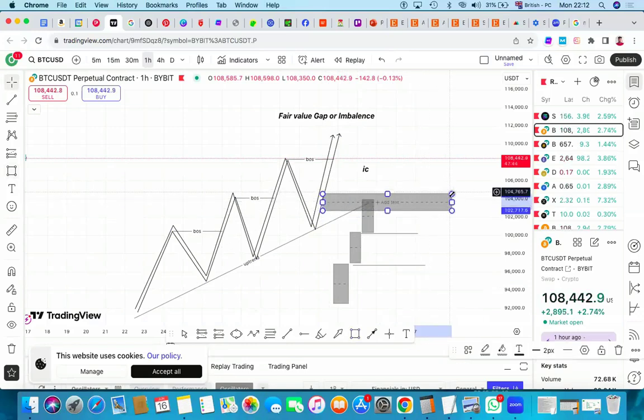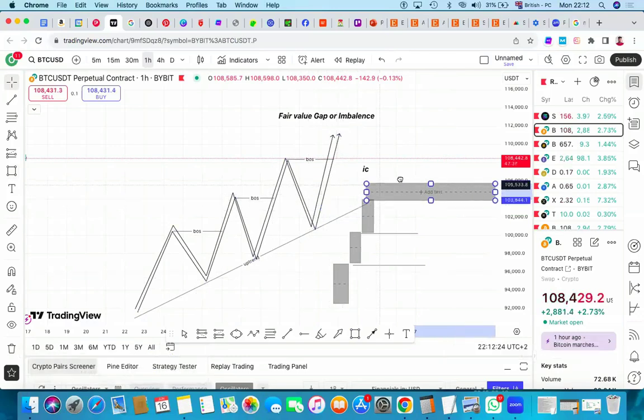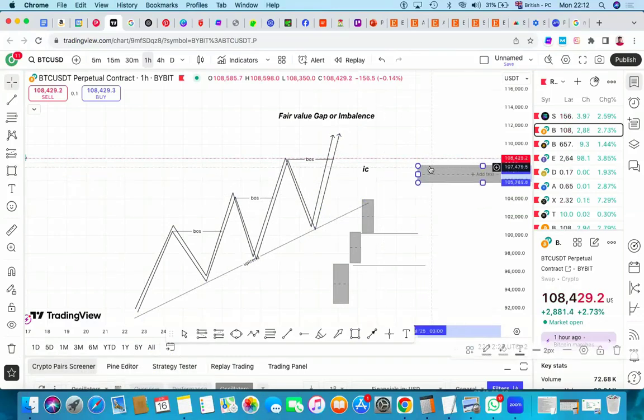But before you do that, you just want to make sure that you are able to meet all the criteria. One of the criteria is the topic we are talking about tonight, which is your fair value gap or imbalance.